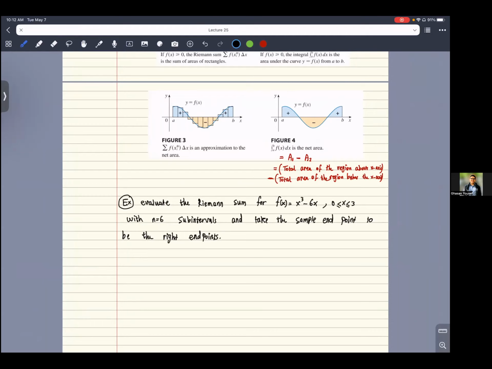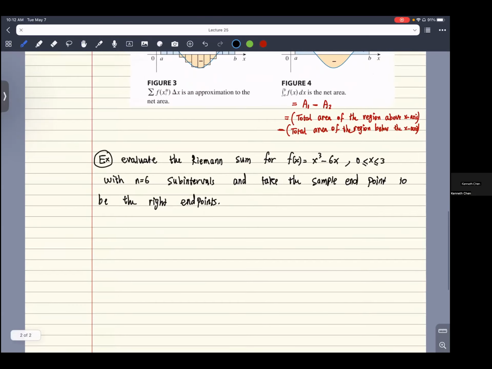Like last time, we said the sample points could be the right endpoint of the subinterval, the left endpoint, the midpoint, or any point inside the subinterval. So what is the sample point in this example? Right, exactly. Look at the right endpoints. In this example, it would be the right endpoint.